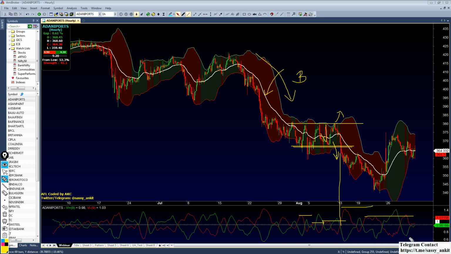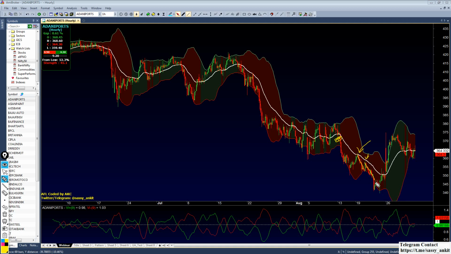Here no, here no. So we have only one sell trade here based on vortex, and the second trade is dynamic resistance, only two trades. You can take this trade and then re-enter here, or you can do only one trade here. So in this chart we have only two trades in Adani Ports.